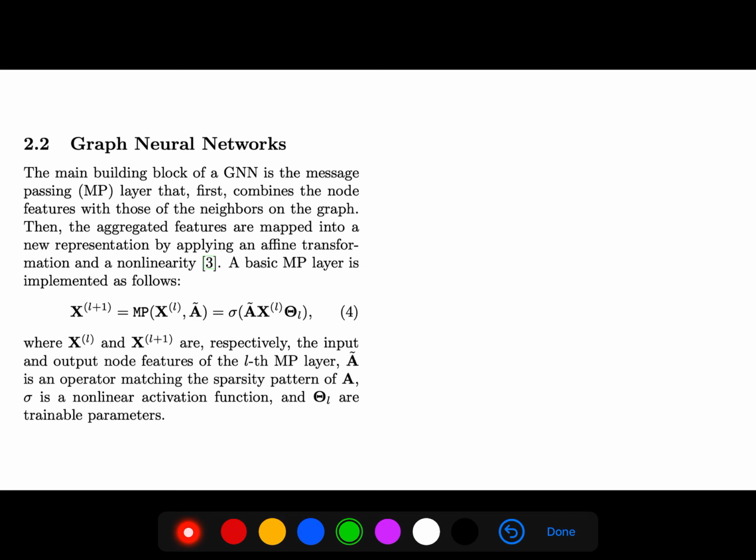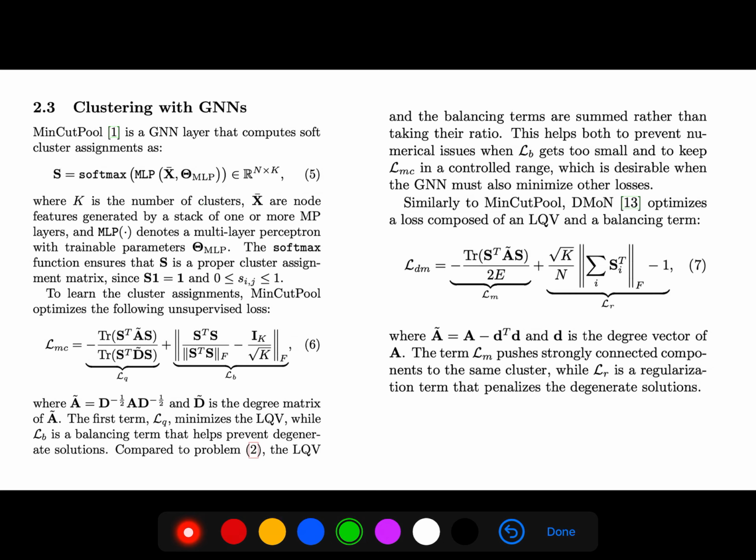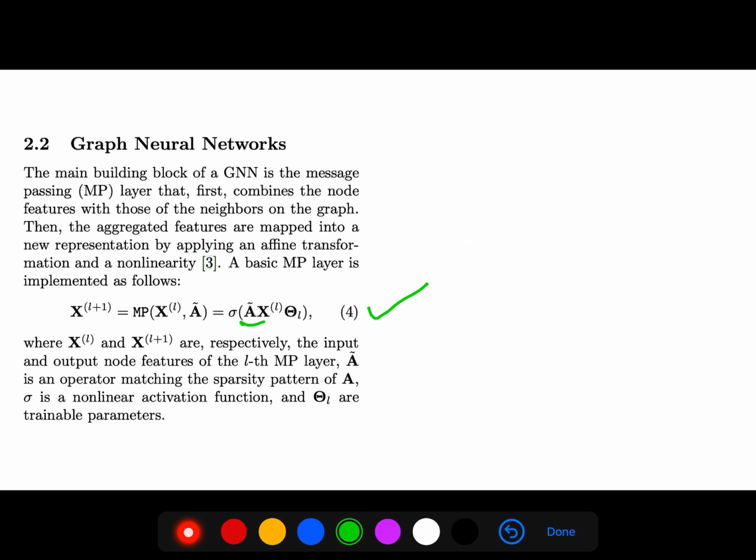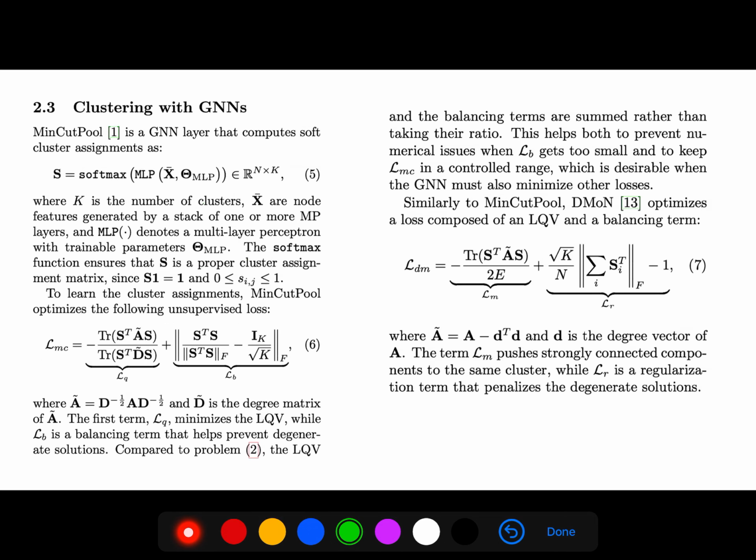So a basic message passing layer for graph neural network can be seen like this. And A tilde is an operator matching the sparsity pattern of A, and sigma is a nonlinearity. So look at this one, and now we go to clustering with GNNs.